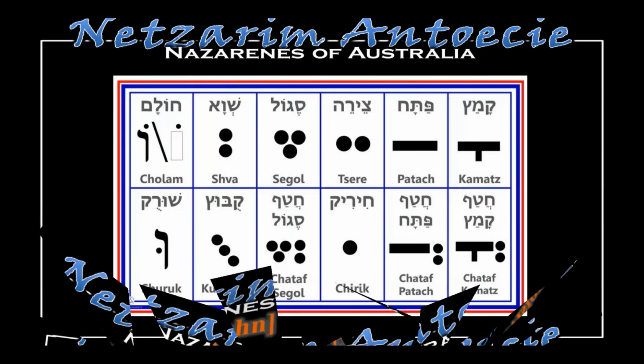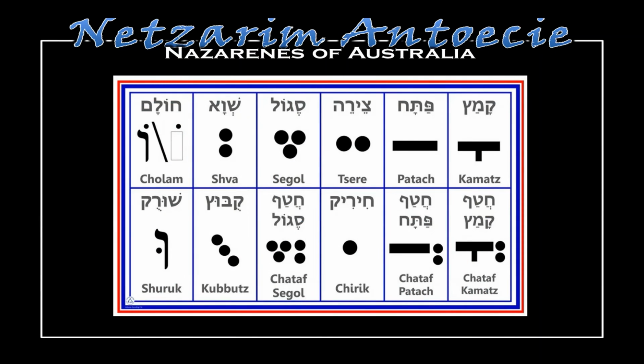And now that brings us to the last part, which is just a refreshing of the vowel markings. So let's pick the bottom line today. And we see when there's a dot next to the vav, it gives us an U sound, and it's called a shuruk. So it helps you remember what it is, because the first vowel sound is its sound, and all of them are the same.